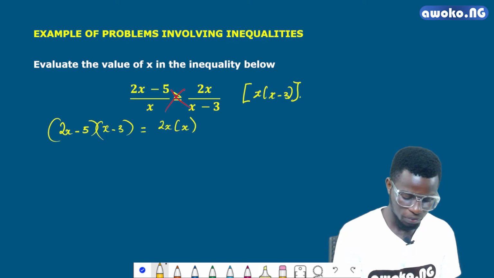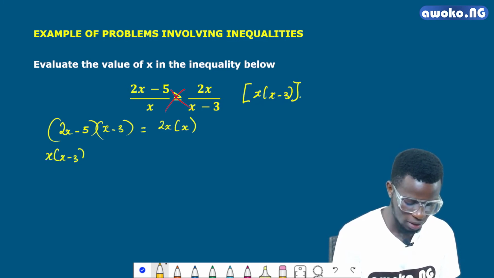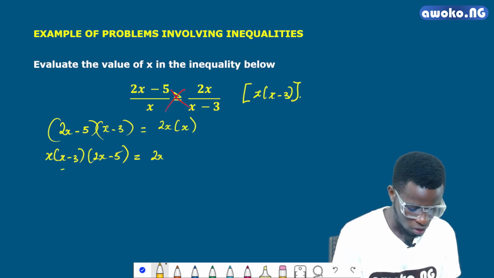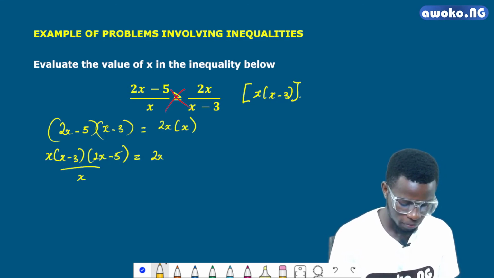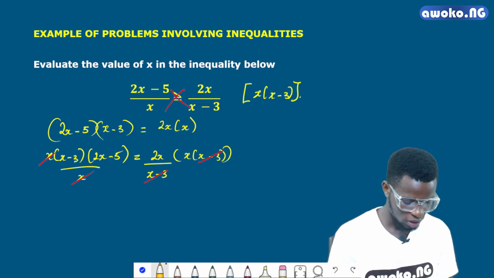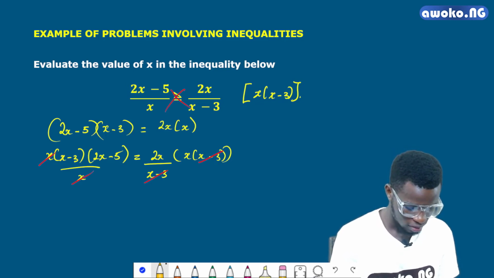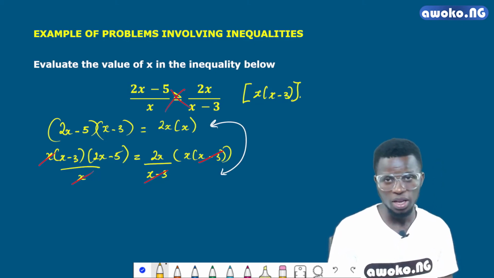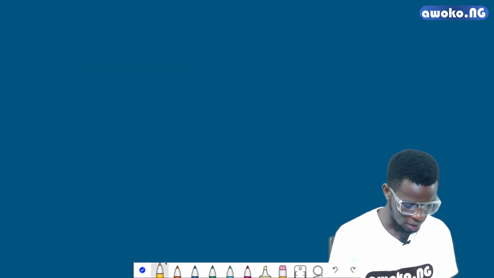From here we have x into x minus 3 times 2x minus 5 over x, is equal to 2x over x minus 3 into x minus 3. Of course, if we slash this out and slash this out, we still have this. So these and these are the same. Those are the two methods we can use to analyze that.